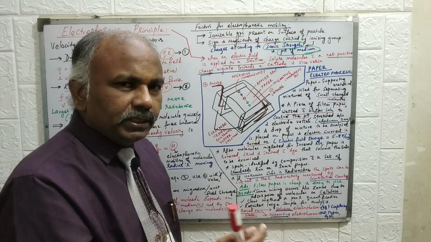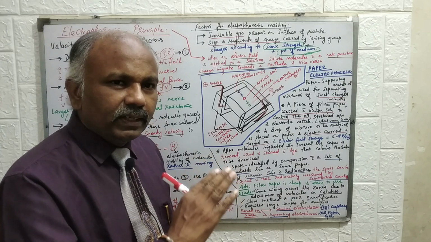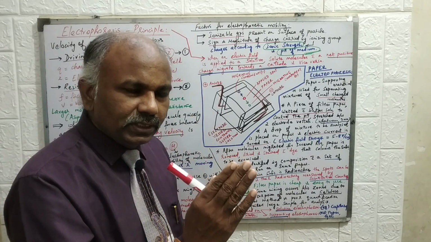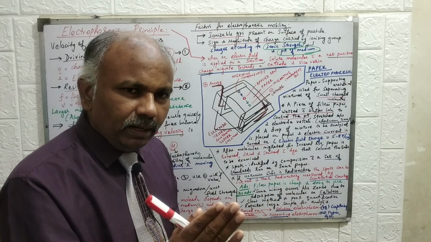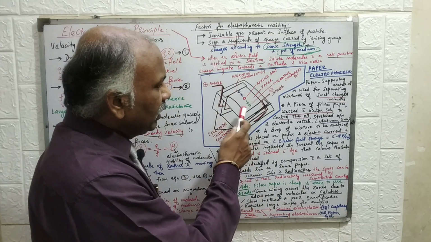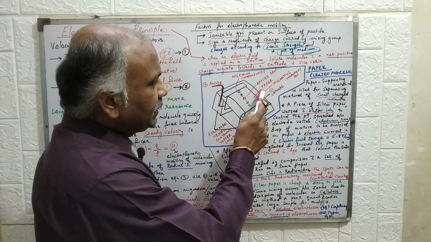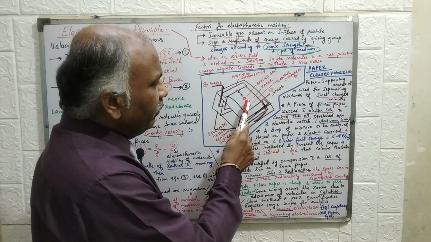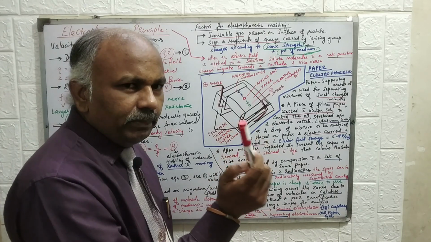There are different types: horizontal paper electrophoresis chambers and vertical paper electrophoresis chambers are available. Here we keep the paper as the supporting medium, and the spot is a mixture.